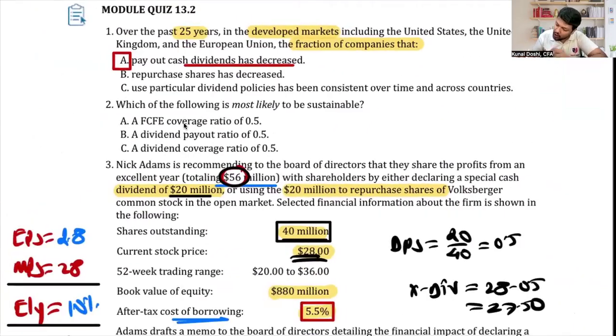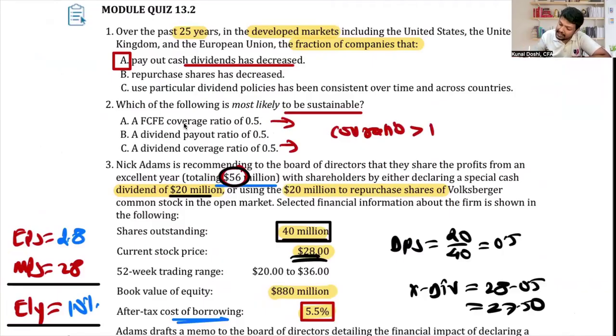So look at this. Which of the following is most likely to be sustainable? FCFE coverage ratio of 0.5? No, it should be greater than 1. Dividend payout ratio less than 1 is good. Dividend coverage ratio should also be higher, right? Ideally, both coverage ratios should be at least greater than one or more.